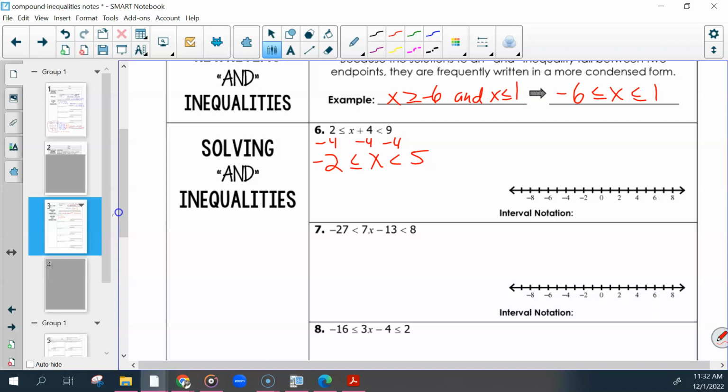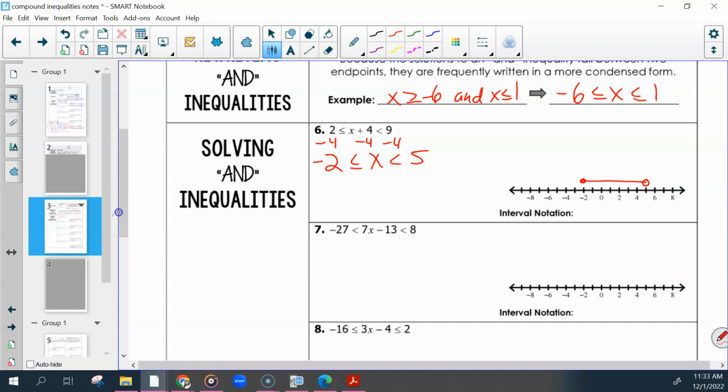And then you could do one of two things when you graph it. Either just graph this, so that would be starting at -2, ending at 5, draw a line that connects them. Or if you wanted to make sure that is indeed where they overlap, you would look at this piece by piece. Cover up half of it.